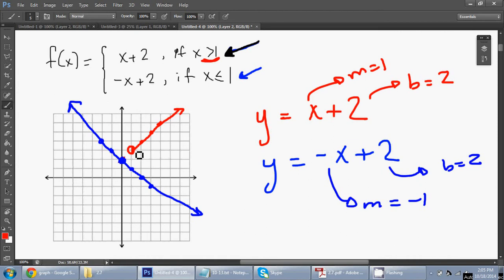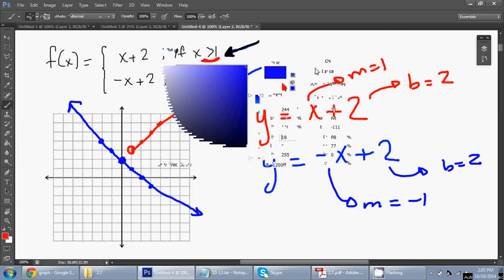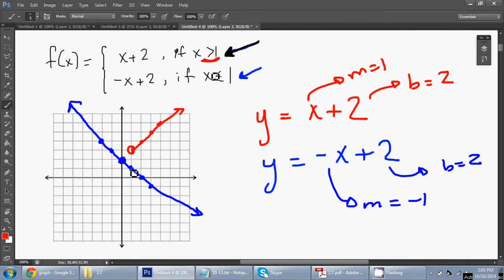Now the second graph, negative x plus 2, they say graph this only when x is less than or equal to 1. So here, x is less than or equal to 1 again. But this is going to be a solid circle because there's an equal to sign right here. In this area, they only want you to show things where x is less than or equal to 1, which is basically the whole area over here.